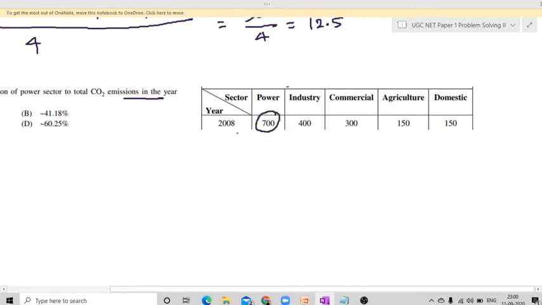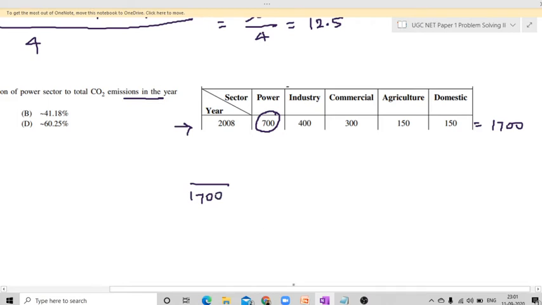That is our question. So for that we actually need the total for the year 2008. So first of all, let's calculate the total here. We have 700 plus 400, it's 1100, then plus 300, 1400, plus 300, 1700. So we are very sure that for the year 2008, the total is 1700.